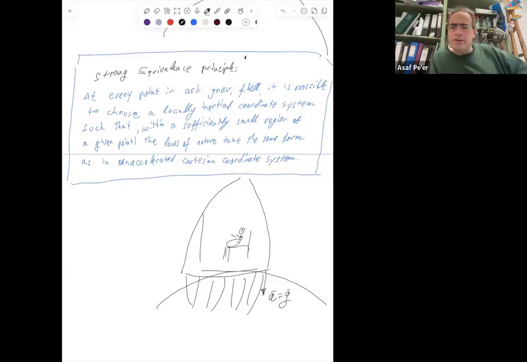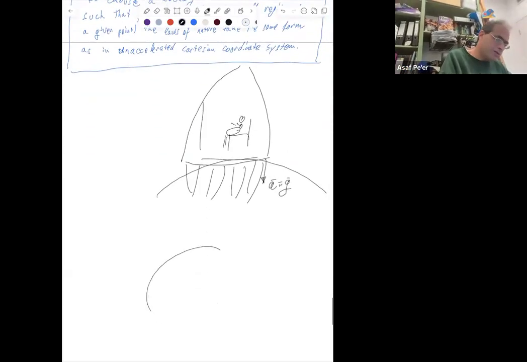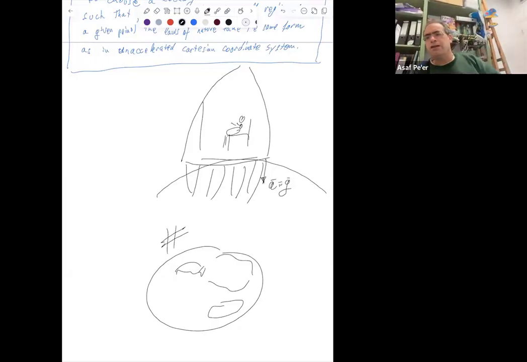And what the equivalence principle is stating is that wherever I am, in any arbitrary gravitational field, there is always a local freely falling coordinate system. It will not be the same here in Australia, right? So if this is Earth, and we are here somewhere, and this is Australia, down there somewhere, then there is always a freely falling frame here. Think of it like you're a freely falling paratrooper.